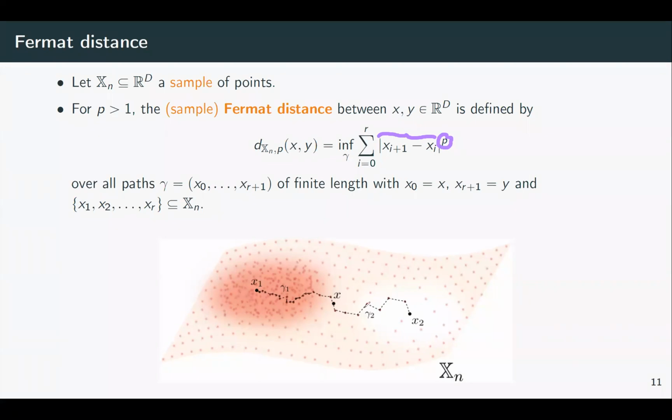So each time you use a long segment, the distance between the 2 points will be big.